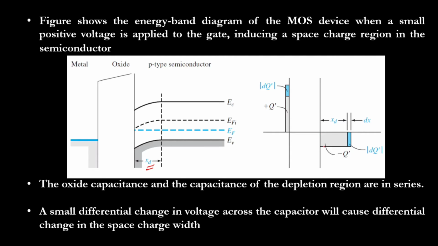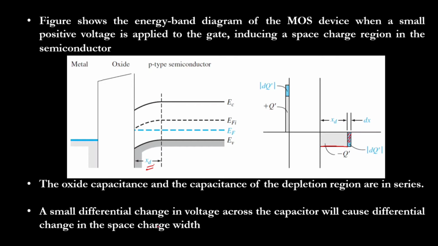That is why this is represented like this, and a small differential change in the input will lead to an increment of the depletion region. If I increase the positive charge further, the depletion region is going to increase more, and in a similar way the positive charge accumulating on the metal side is also going to change.